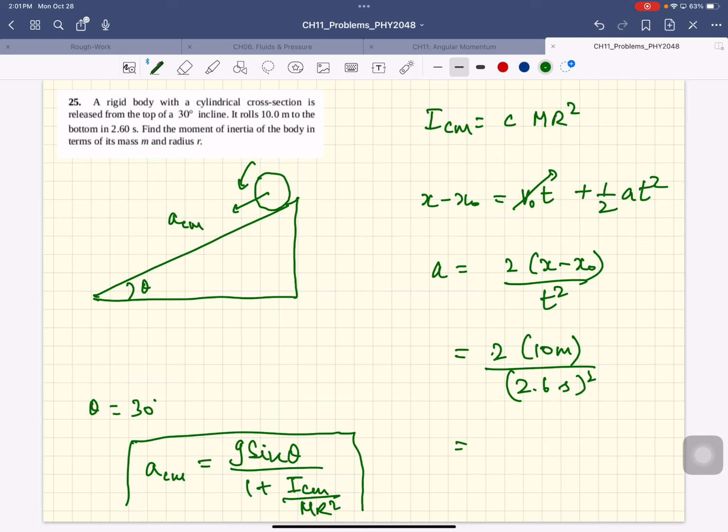All right, so the center of mass acceleration works out to 2.96 meters per second squared.